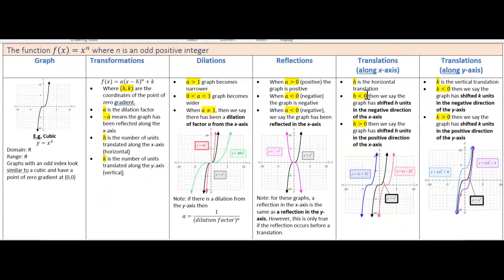We're going to use the cubic graph now to describe these transformations. You can see we've got a cubic here. Your domain and range are both R, and graphs with an odd index look similar to a cubic. There's a point of 0 gradient at 0, 0, so this point in here.